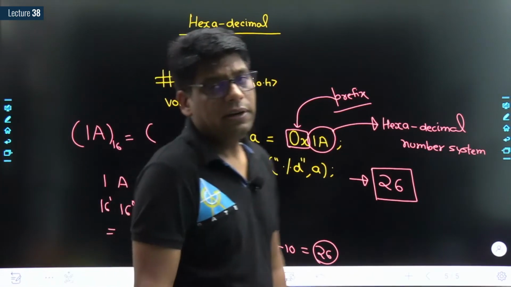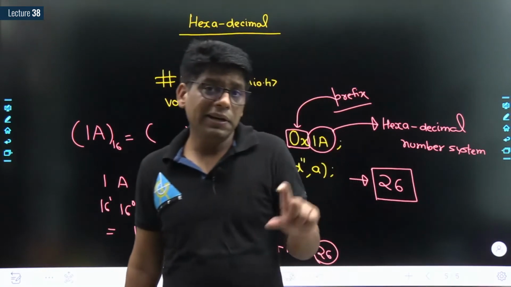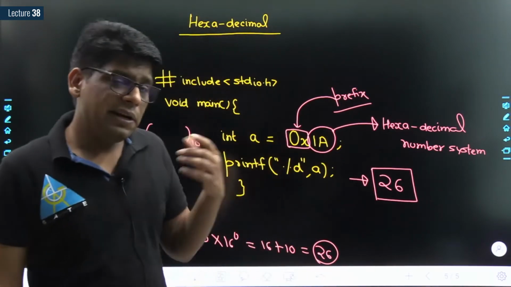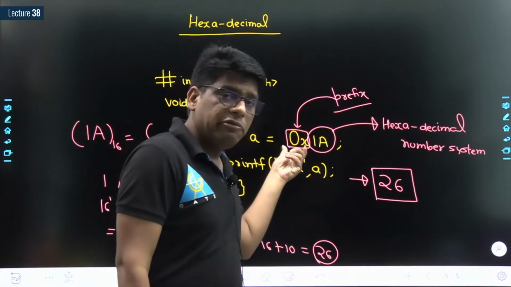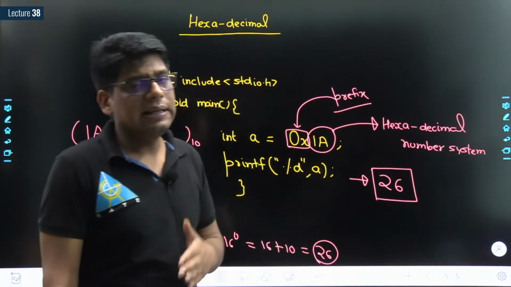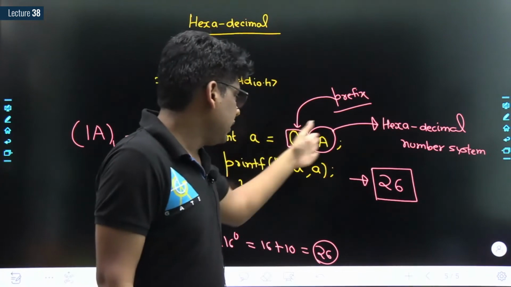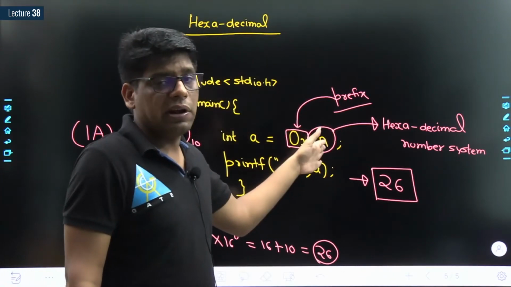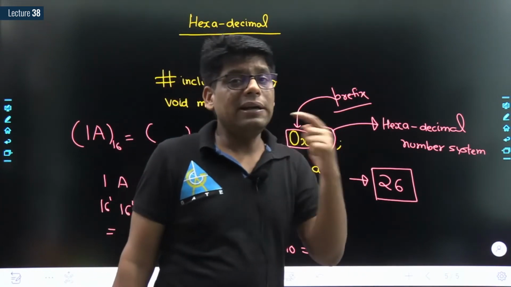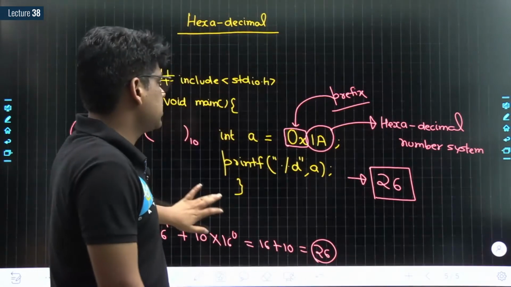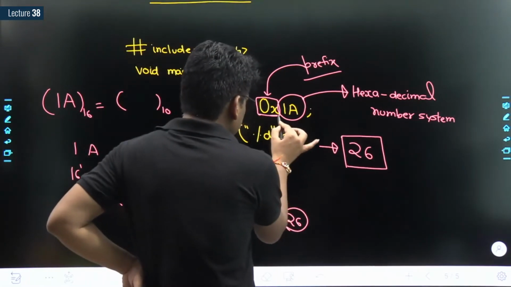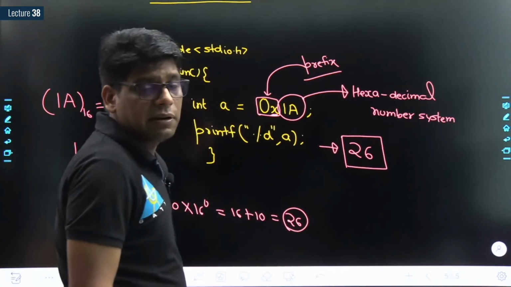So try to understand, if you prefix any integral constant or any integral literal with 0x, that means you are telling the compiler that whatever literal is written over here is in the hexadecimal number system. Now a good question is, sir, is it possible to write it with a capital X?